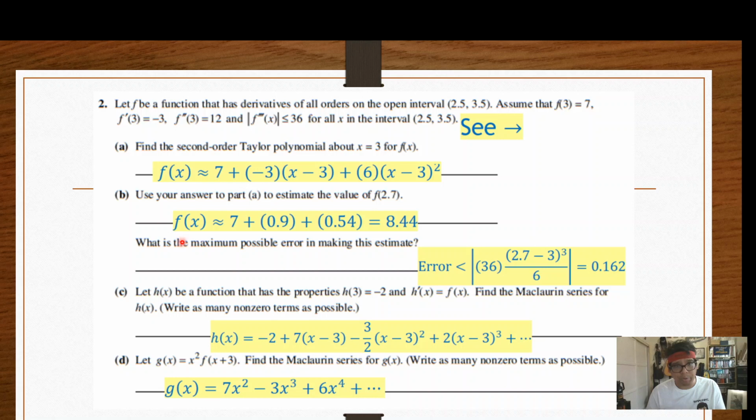We'll fix that for you in the answer key. And B part 2, the error is less than 0.162. Now, what is this one? Let h be the function. Okay, so we didn't get to letter C. Let's look at letter C next.